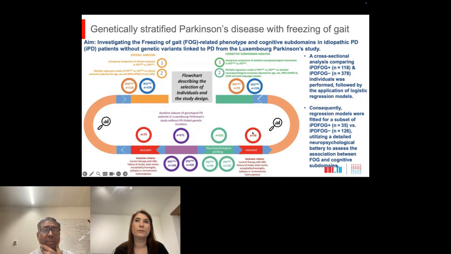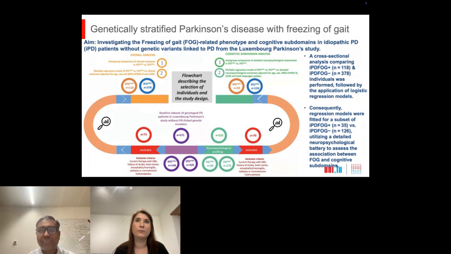Then for the remaining patients, the freezing of gait was measured, and these two groups, one with the patients with the neuropsychological profiling, went through comparison. We mainly applied logistic regression models on this data set, in both cases.